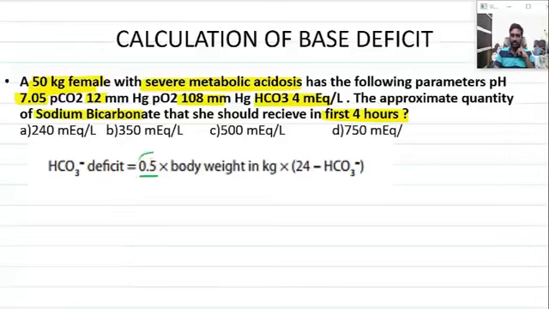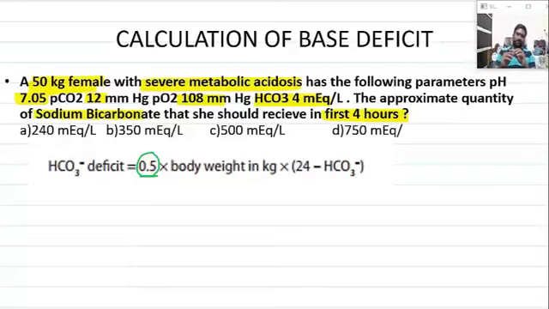But usually, for ease of calculation, we take a standard value of 0.5 for both. If they ask you precisely, 0.5 is the total body water in females and 0.6 is the total body water in males. So for males, usually we take 0.6, for females 0.5.